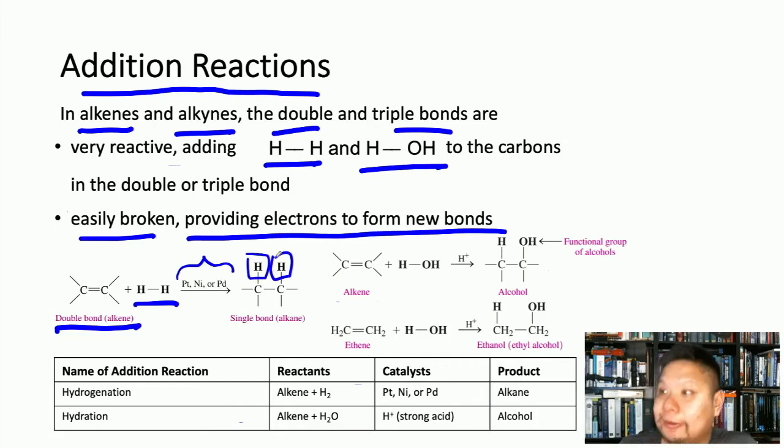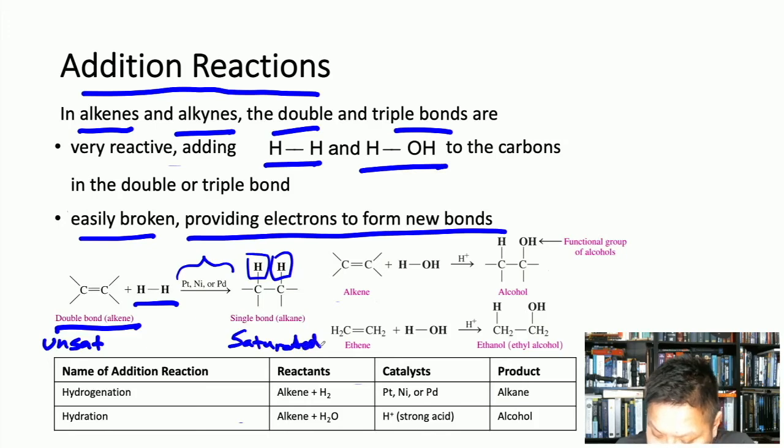And if you remember from a previous slide, this was the unsaturated version of the hydrocarbon, because since it has a double bond, it's missing hydrogens on both carbons. And this is the saturated version of the hydrocarbon, because now all the carbons are saturated with hydrogens where they can be, assuming that the rest of these are H's as well.